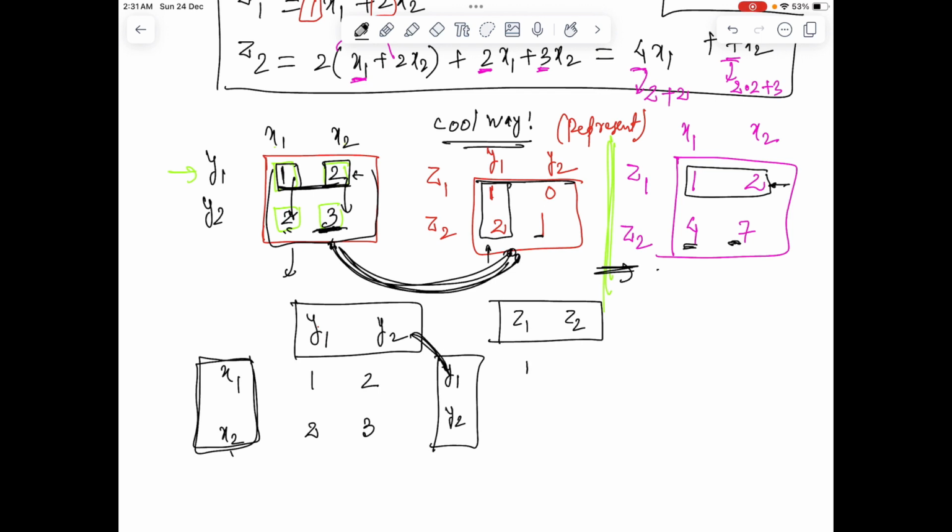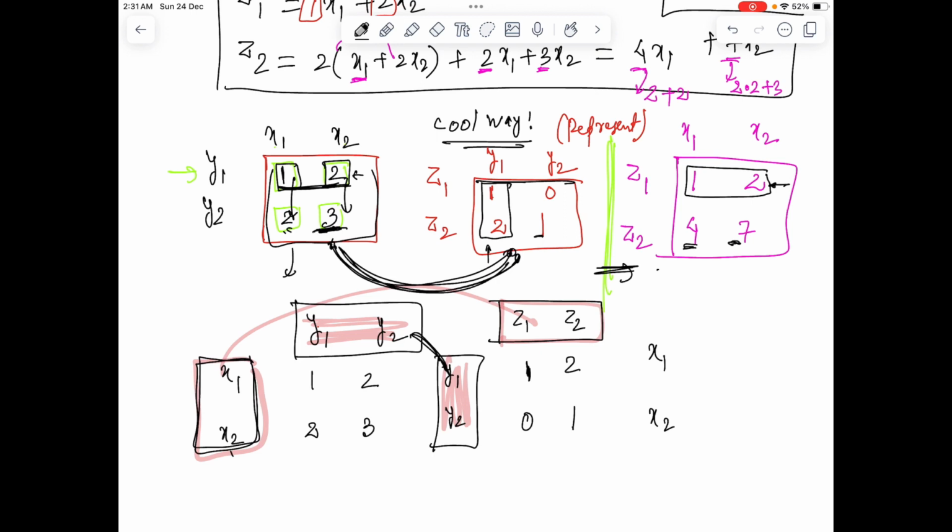So z1, z2: in front of z1 we have 1, 0. So again it feels like we are rotated. And z2 is 2, 1. Right? And that should be related with, let's keep, since we have got these two the same, x1 vertically and z horizontally.